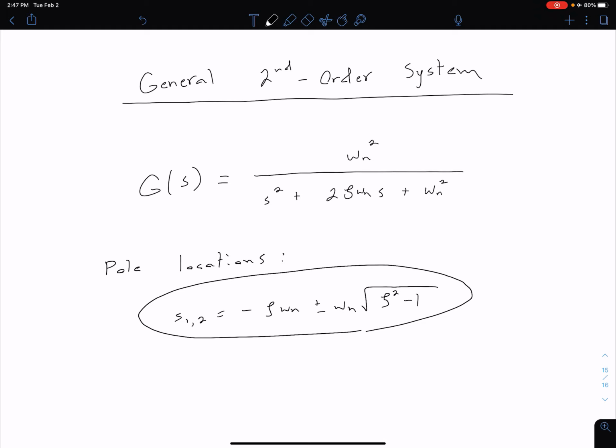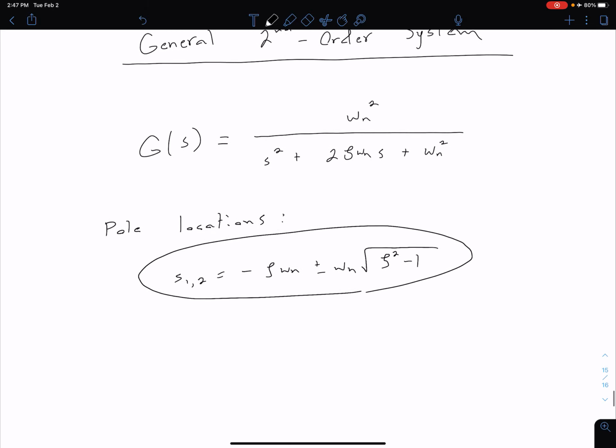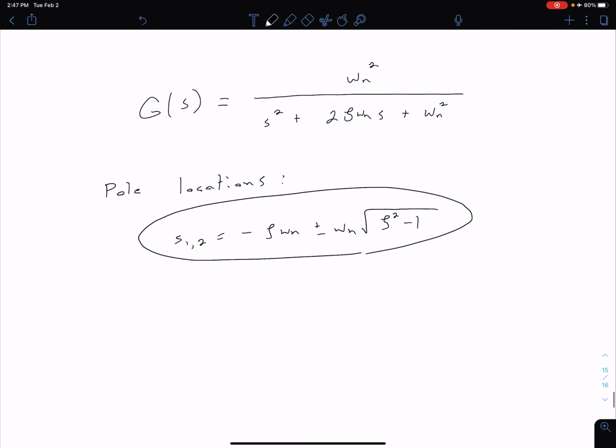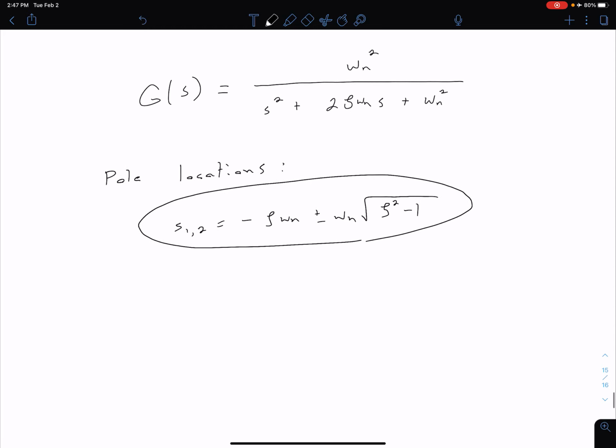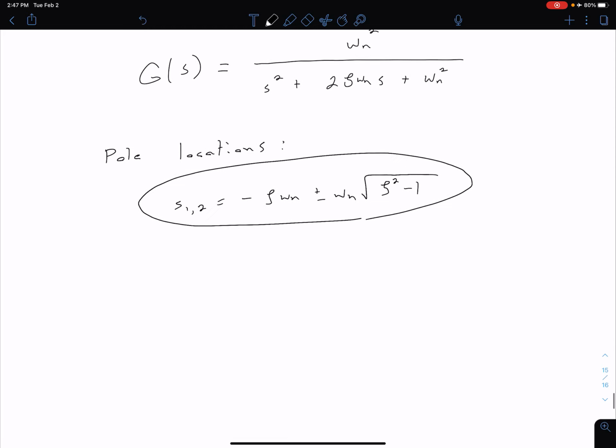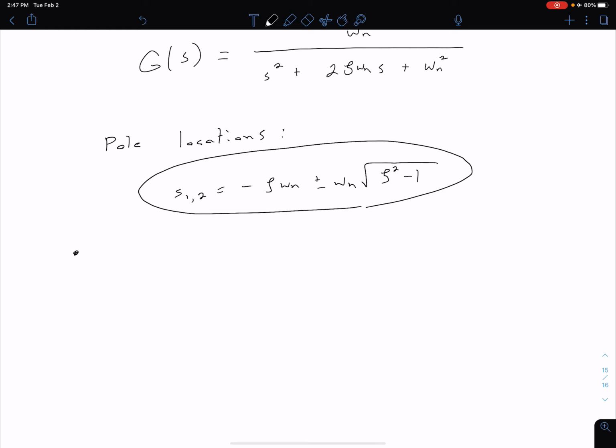What we can do now is consider different values of our zeta, our damping ratio, and see how the poles, and therefore our response type, are changing. First, let's consider what happens if we have a zeta value equal to 0. If zeta equals 0, what are our two poles going to look like?